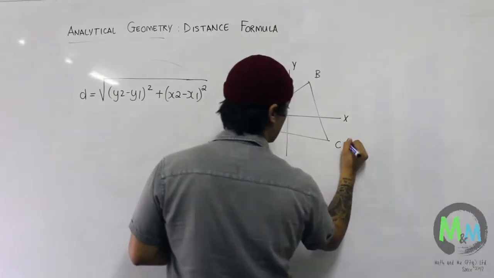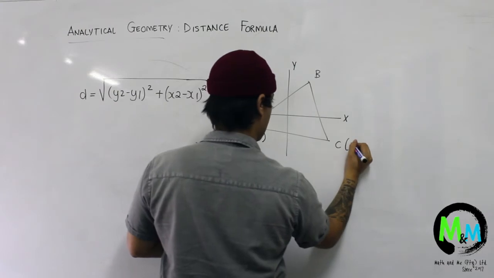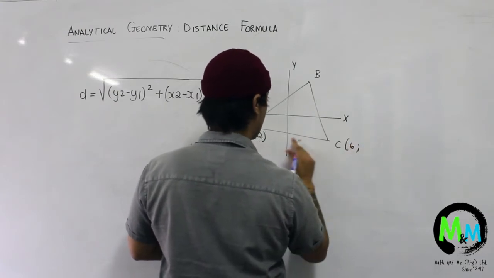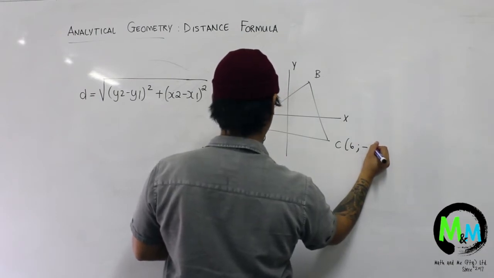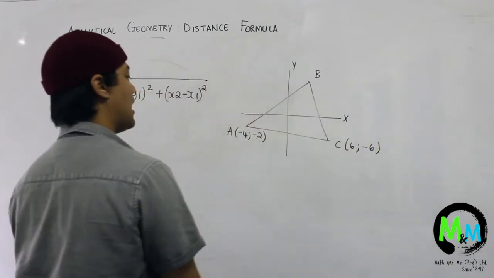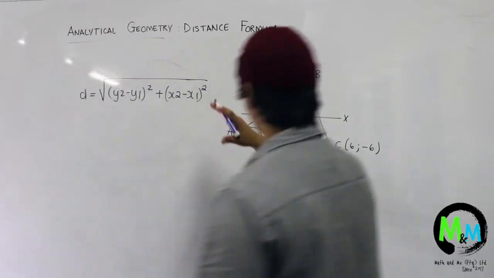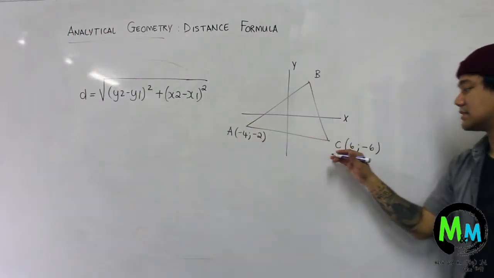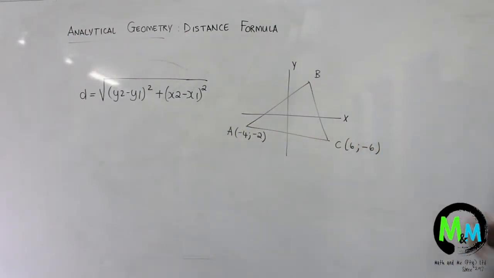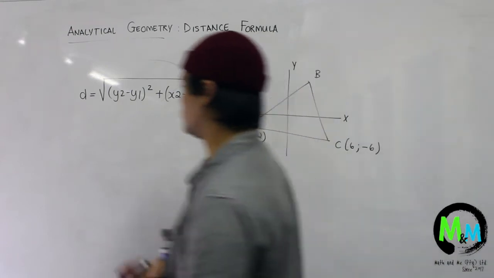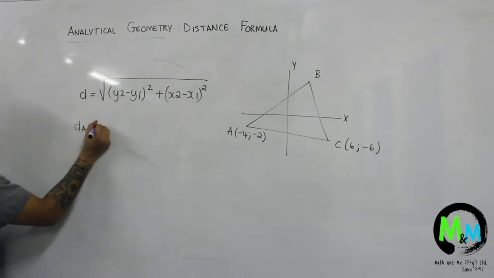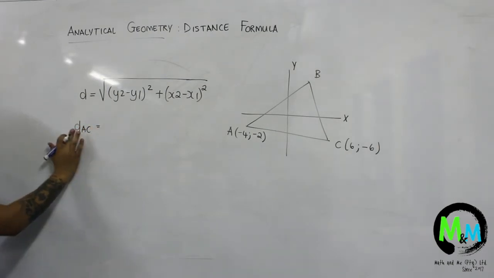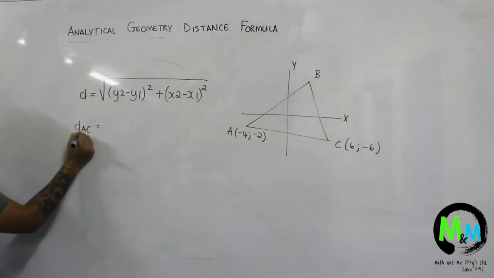Coordinate C is, let's say, (6, -6). Let's just do that, right? And they might then ask you to find the distance, or at least the length of side AC. So we'll say the distance of AC. Notice what I do there, D of AC, just to show them that I know what line segment I'm talking about.